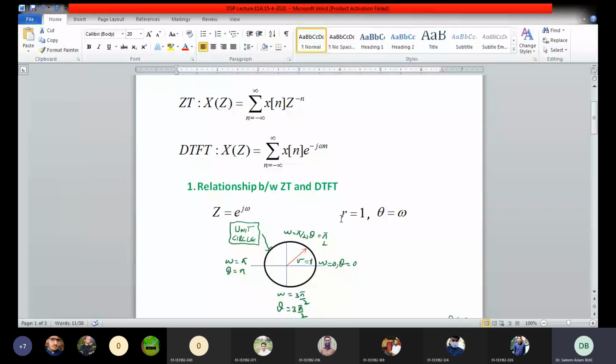When we analyze, we find that R is equal to 1 because there is nothing written in the polar representation, and theta is equal to omega. So the Fourier transform will be plotted on this unit circle. You change frequency from omega equal to 0, pi by 4, pi by 2, pi, 3 pi by 2, and again omega equal to 2 pi. So your Fourier transform is basically plotted on this unit circle.